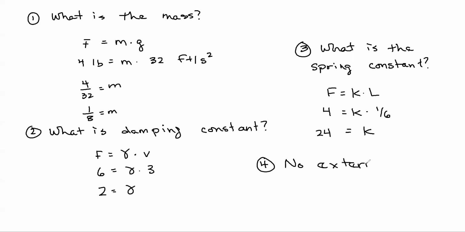Putting that all together, actually, let's do that on the next page. Putting that all together, we get 1/8 u double prime plus 2u prime plus 24u equals 0. And then our initial conditions. If we go back, what was our initial condition?